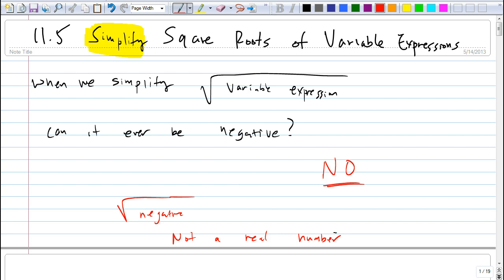Is this an equation? No, this is an expression, right? An expression doesn't have any solution. You only simplify expressions. Does that make sense? So please keep this in mind. If you simplify a positive number, it's going to be positive, and also you cannot have a square root of a negative number. Okay, so that's the key point. If you understand this, it'll be easy for you to understand the rest of it.